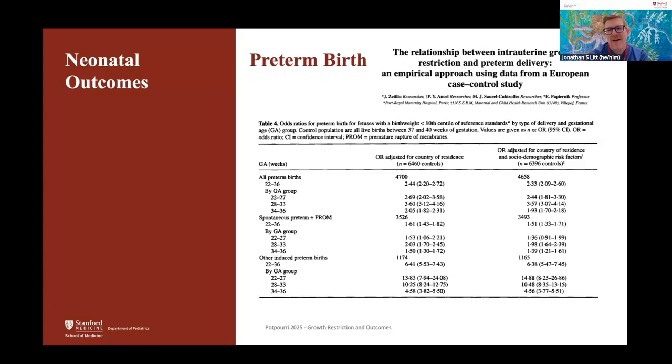And we do know that being growth restricted as a fetus really is a risk factor for being born early. These are some data from an international center looking at fetuses with weights under the 10th percentile and the likelihood of being born early.